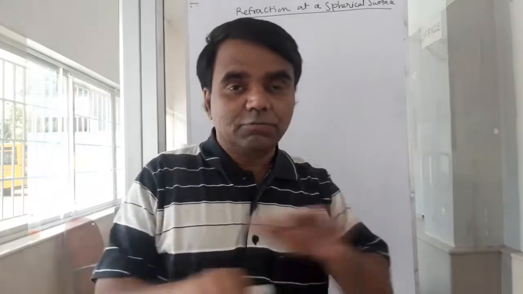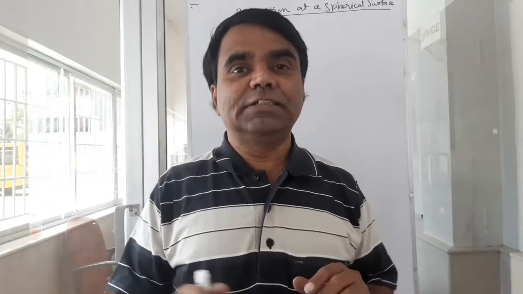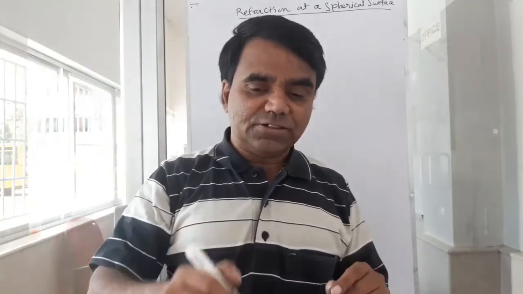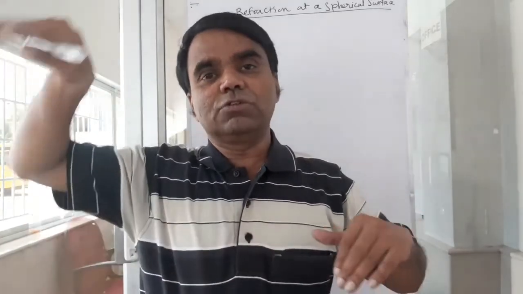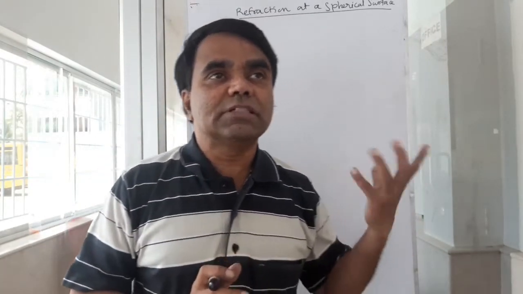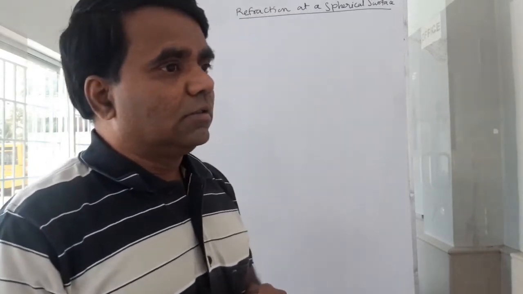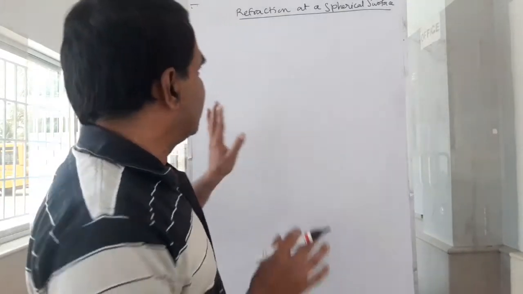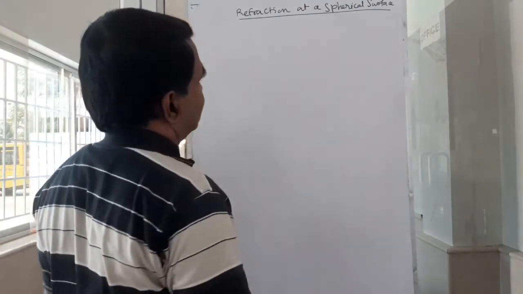So all along we took a plane surface, and then we said there was this incident ray, normal, and the refracted ray, and you found i and r, and then you found the refractive index and stuff like that. But this time we are going to look at a spherical surface. Now we have two mediums. So there is medium 1 here and medium 2 there.